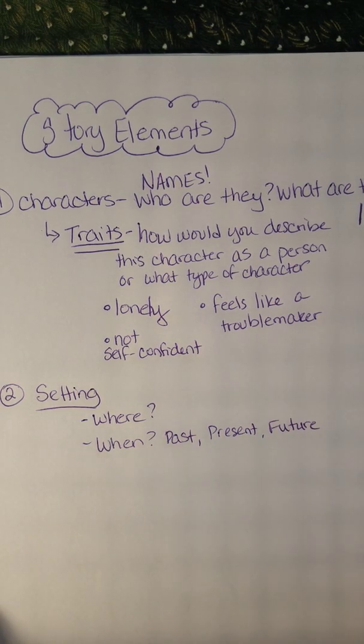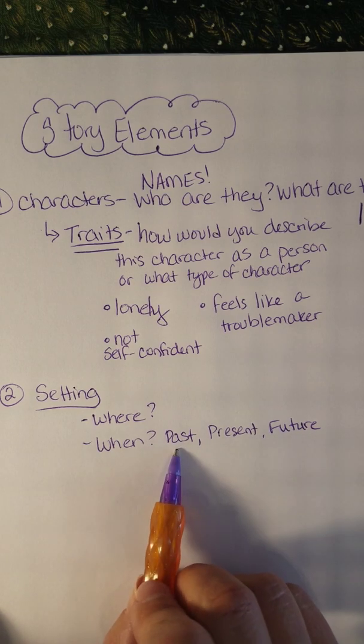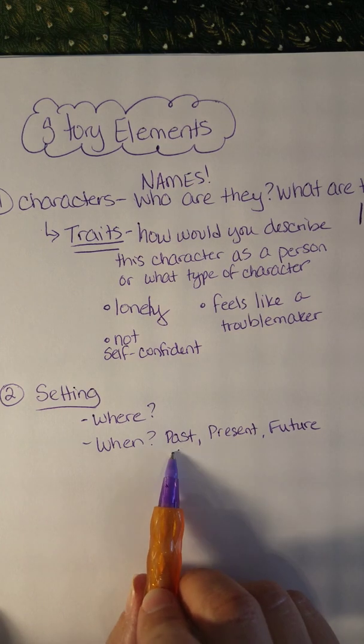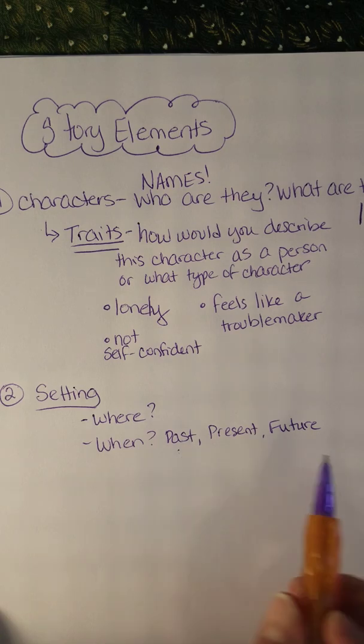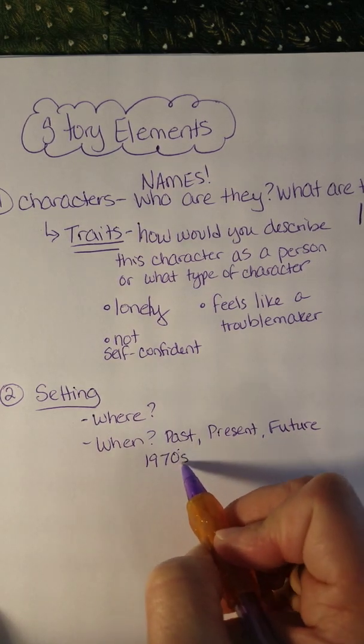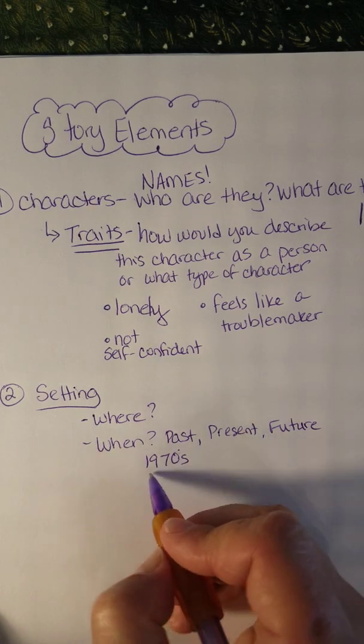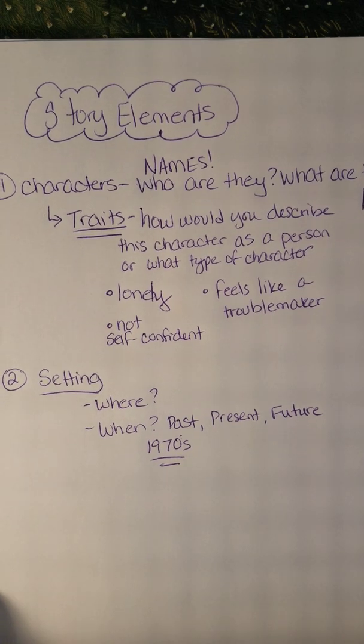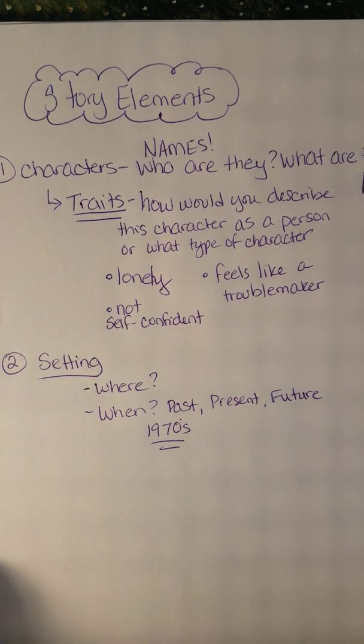However, in this story, especially if you read the last slide of the last page, you will find out that this story that we are reading about in the Lotus Seed actually starts out, the setting is in Vietnam during the Vietnam War. And we know that the Vietnam War was ending in the 1970s. So you can even tell based on what's happening if it is a historical fiction book, which this is, where and when a story is taking place.